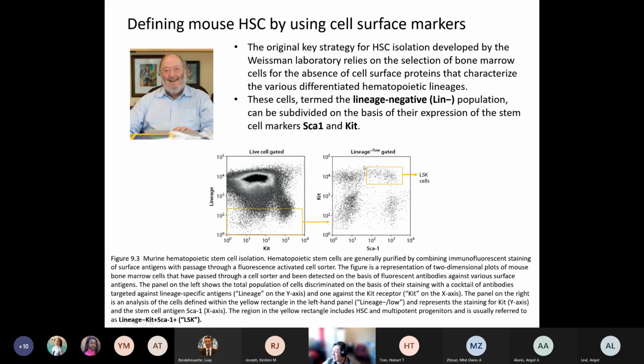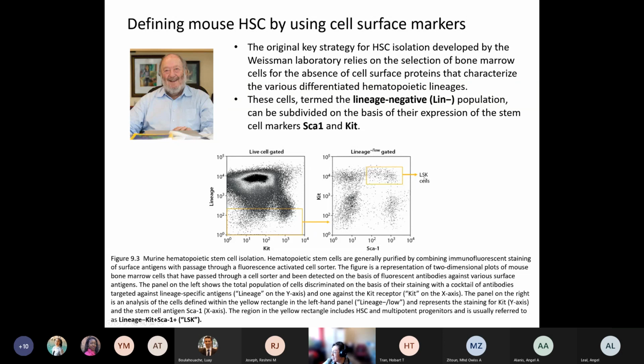But I guess the important thing here is eventually this scientist, Weissman, described that the hematopoietic stem cells will have markers that are lineage negative, KIT positive, and SCA1 positive. And he called these cells LSK cells.